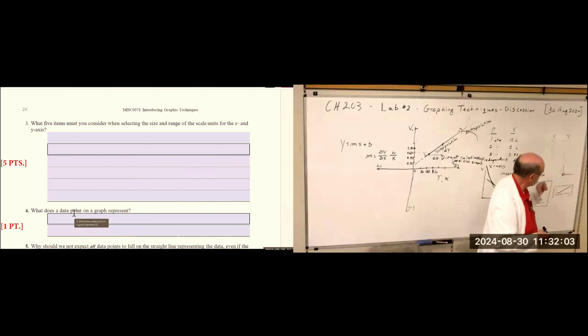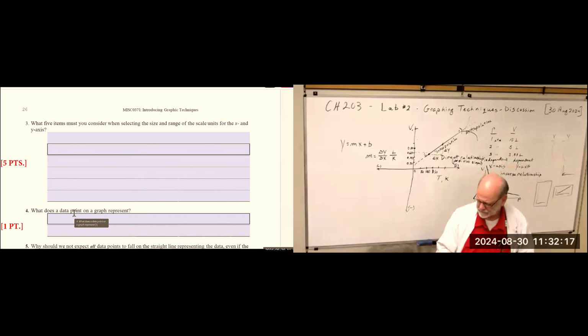And at the same time, you're trying to figure out where you put your grid marks and the numbers that you apply to them. Let me see. I'm forgetting something, I know.